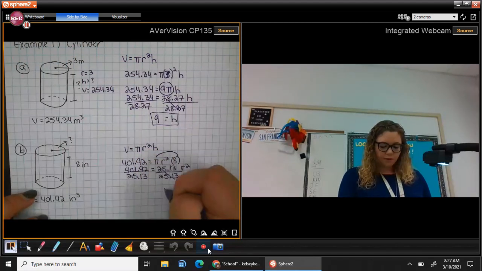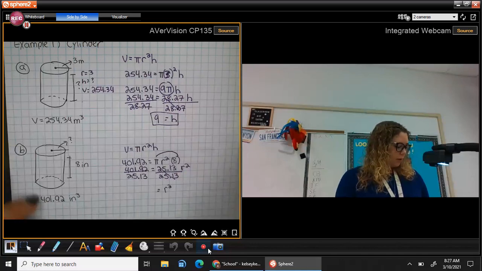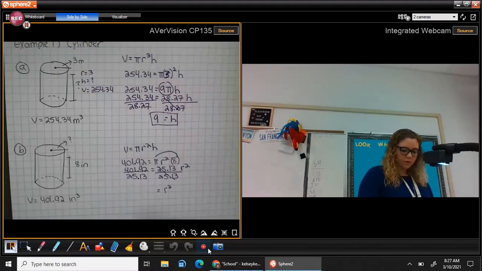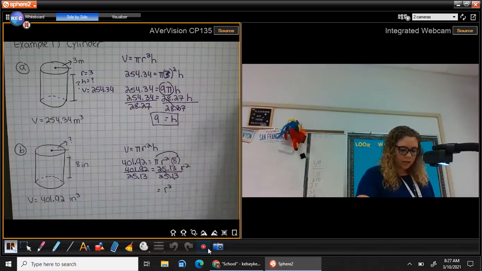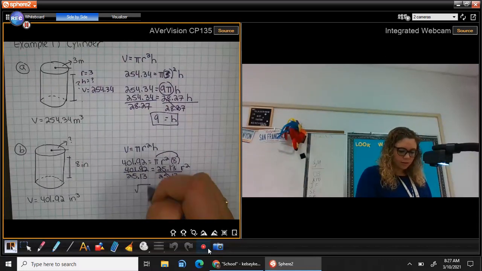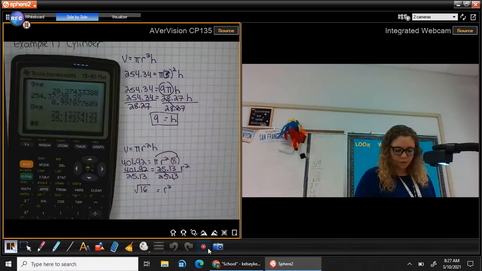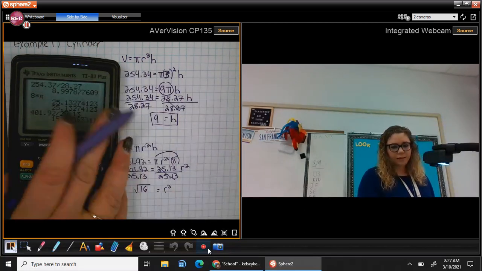So I'm left with r squared. 401.92 divided by 25.13 is going to give me, if I round, 16.